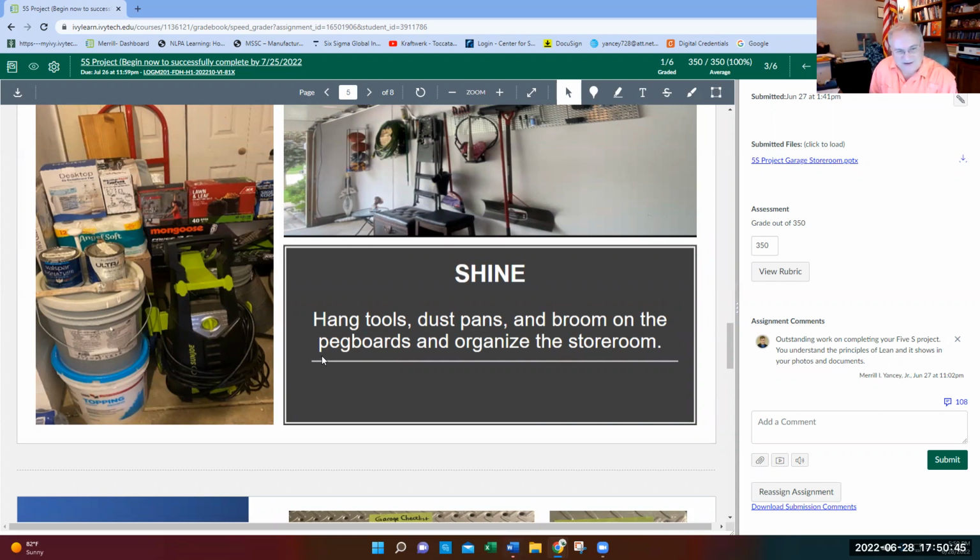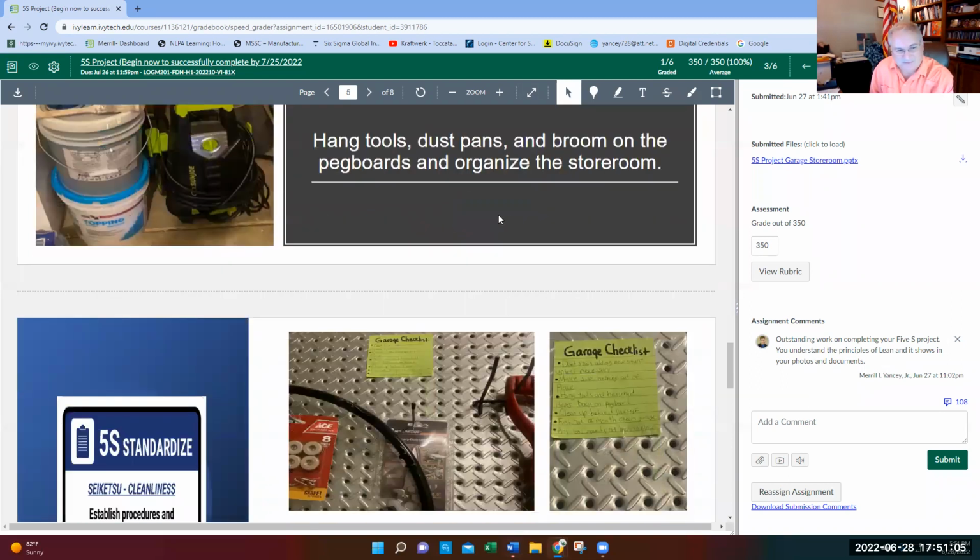You can see that on his pressure washer and stuff. You might want to use tape to tape bulky stuff together where it doesn't fall all over the place. But he hung everything up where you could see it and put it back in the same place. Sometimes people actually outline tools so they know that that's the tool that goes back in that particular place.